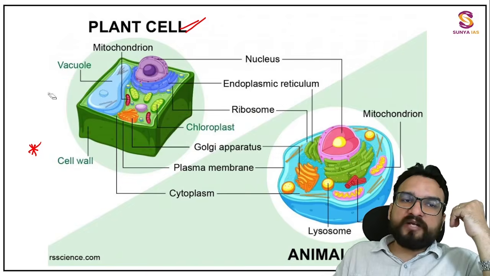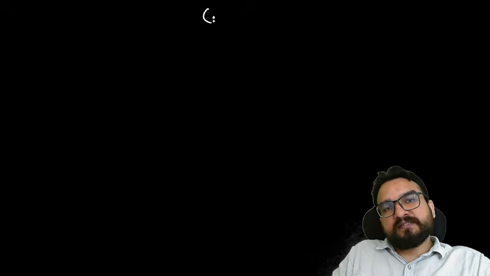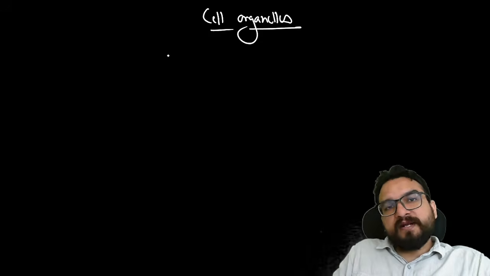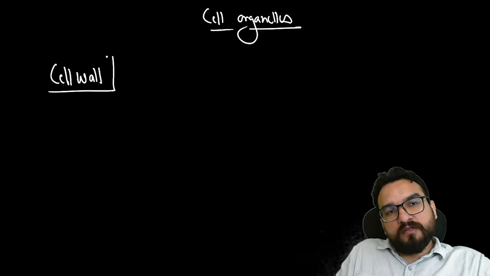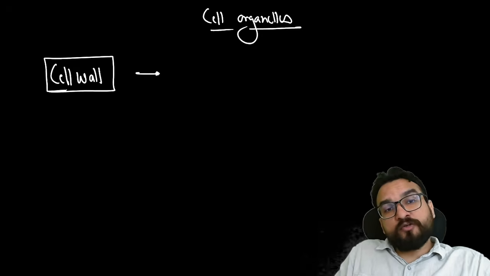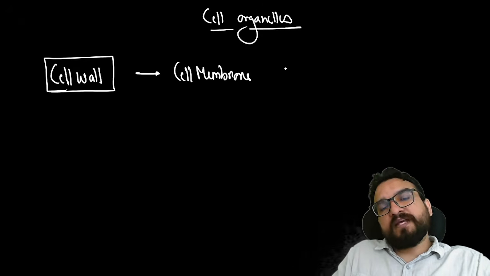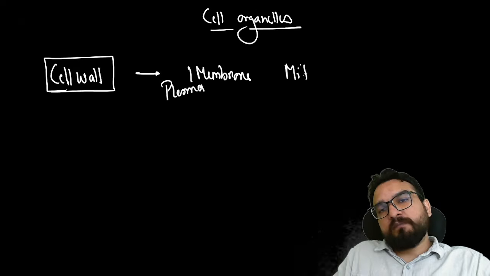So now we are dwelling upon exactly the thing which is going to be asked in the examination, that is your cell organelles. And under cell organelles, the first thing which we are going to see is cell wall, very important. Then we are going to see cell membrane, which you can also call plasma membrane. Then mitochondria.